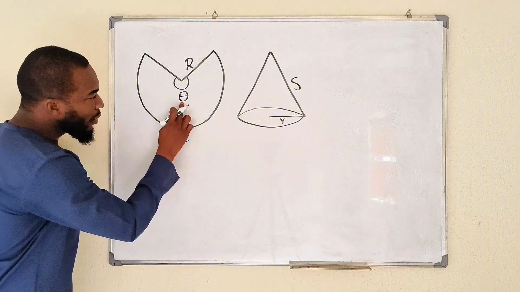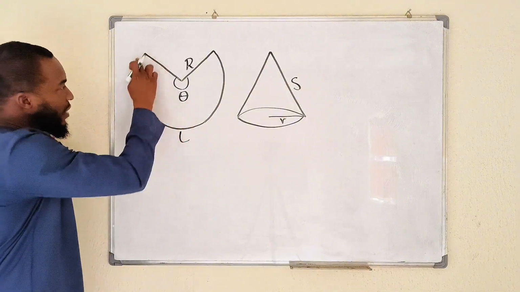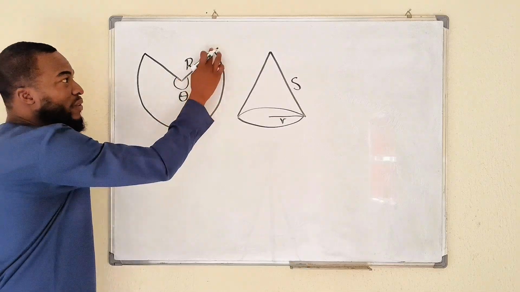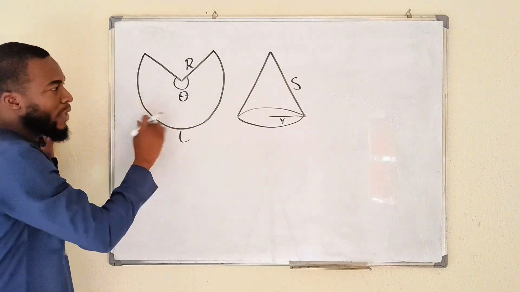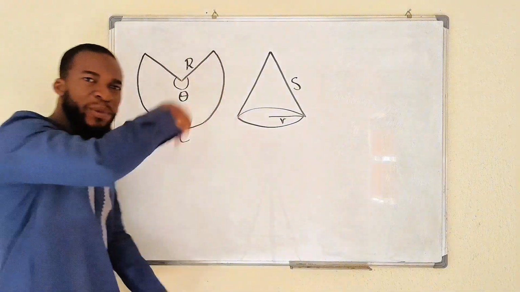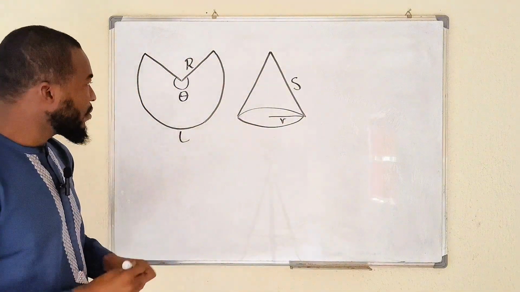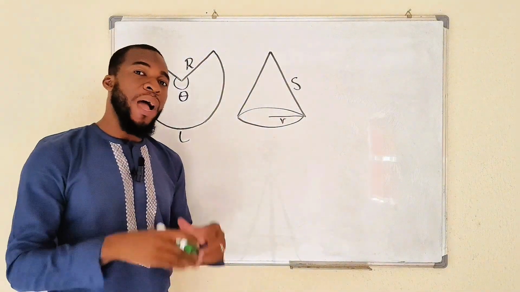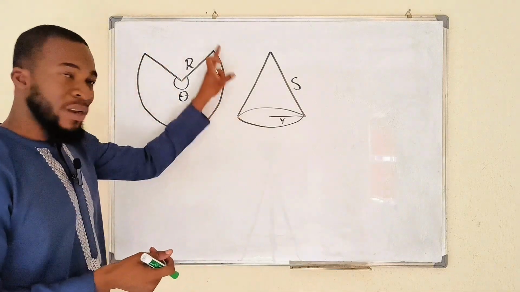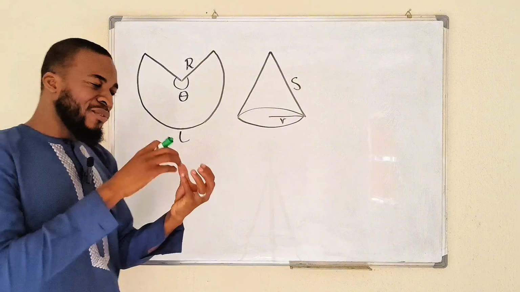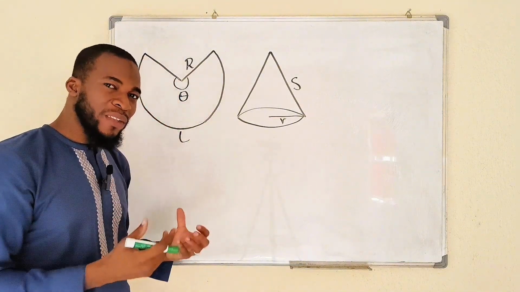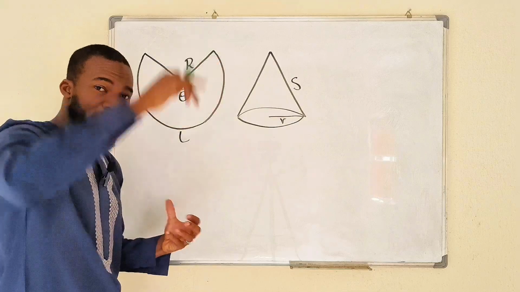We have an angle of a sector here. This length here is what we call the arc length, and this is the radius of the circle. So let's start here. What is the perimeter of a circle? Perimeter of a circle is equal to 2 pi r. But since this is just a portion of a circle, we have to use the angle subtended by that sector divided by 360 degrees, which is the entire circle.